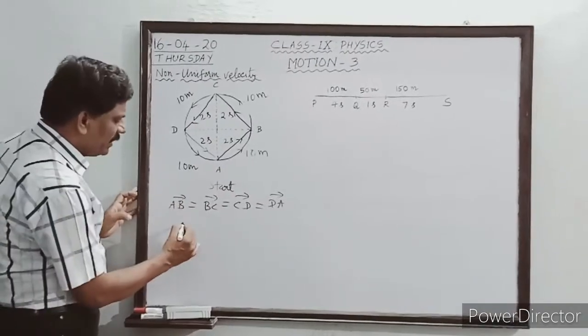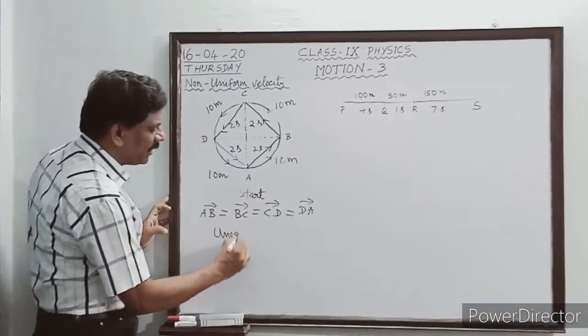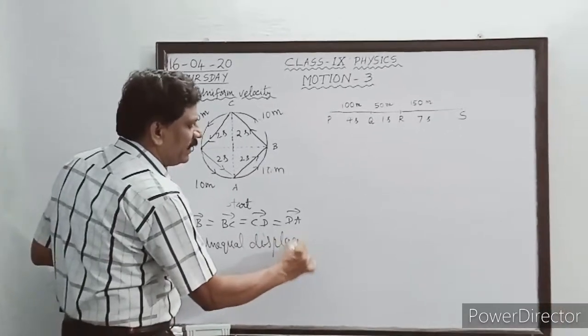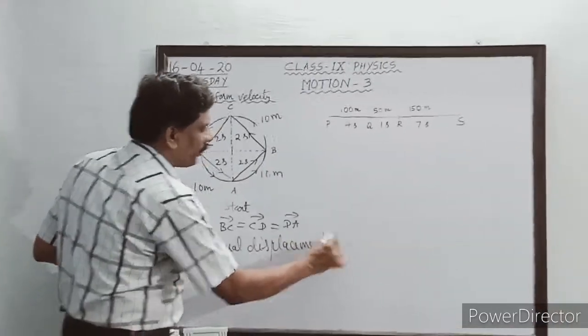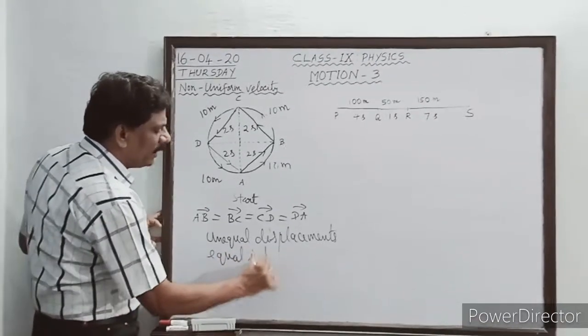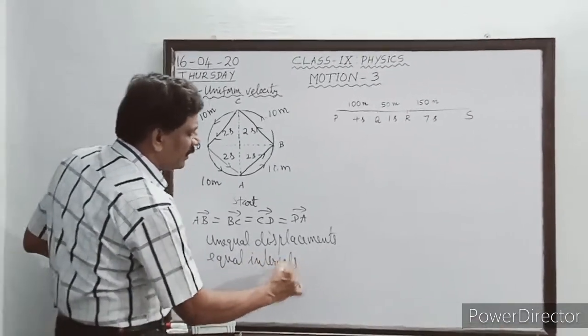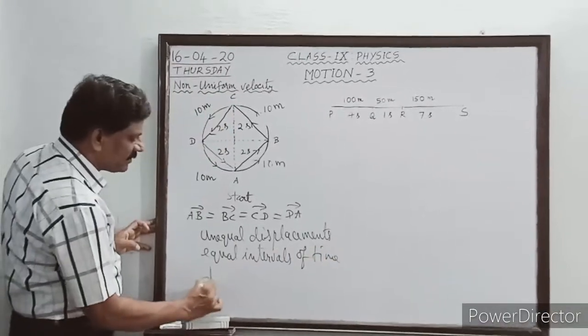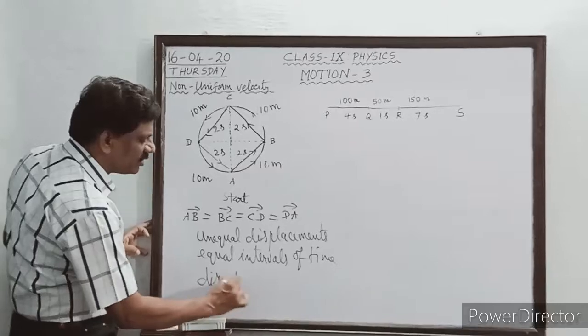First, unequal displacements. Unequal displacements are made in equal intervals of time. And the third one is direction changes.